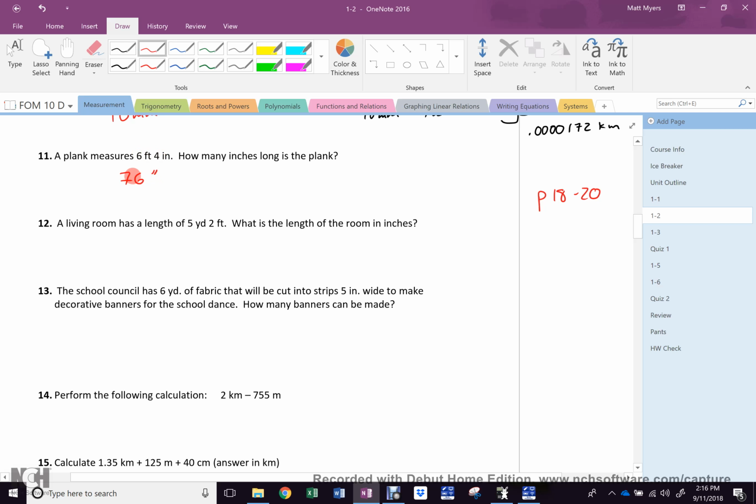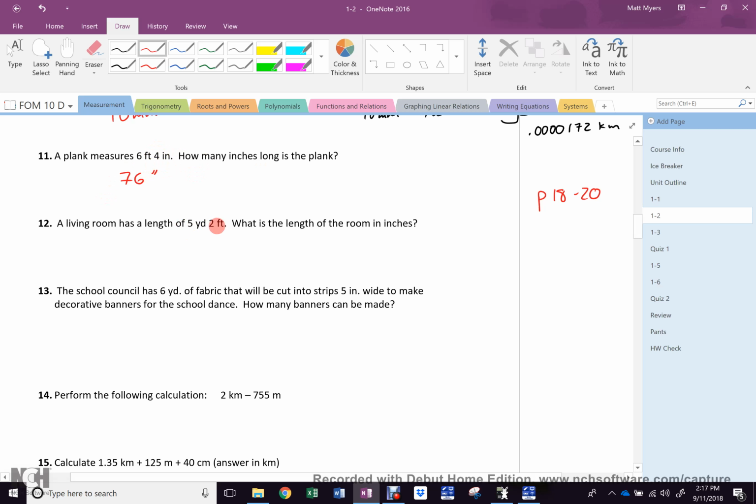I just did 6 feet converted into inches, but then there's 4 more inches, because the plank is 6 feet, 4 inches. 6 times 12 inches over 1 foot. Yeah, 6 times 12 is 72, plus these 4 more makes 76. So I can't just have it as 72. Well, no, because I wanted the whole length of the plank.